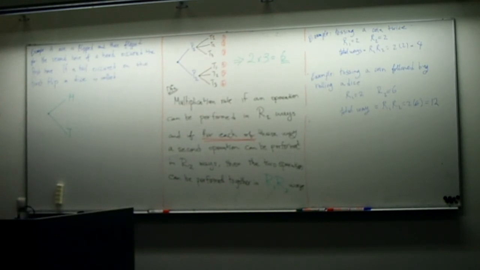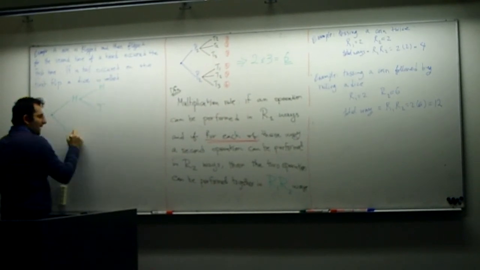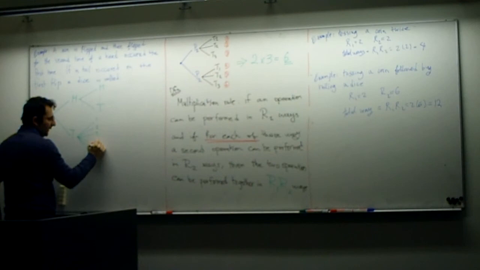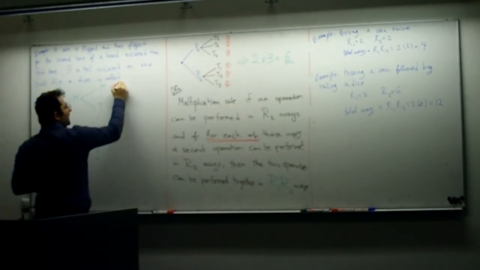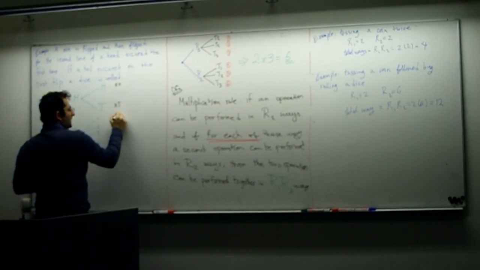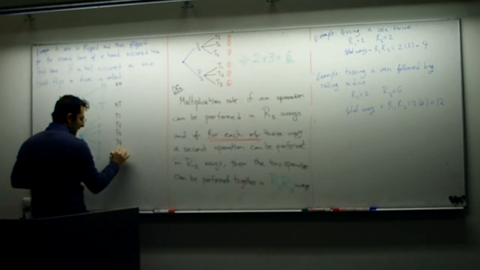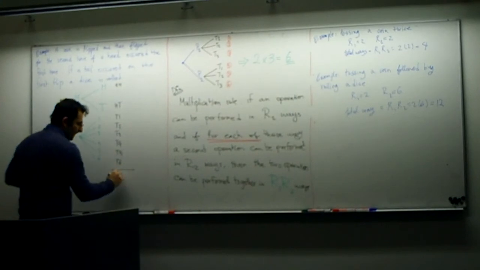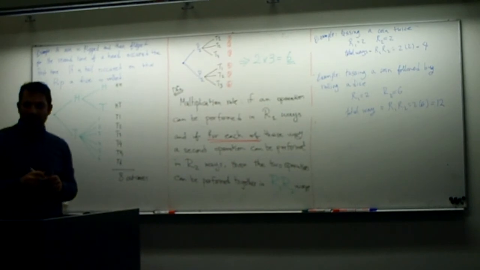If it is head, we toss a coin again, so we get head or tail. If it is tail, we are rolling a die. And it is 1, 2, 3, 4, 5, 6. So what are the outcomes? The outcomes are HH, HT, T1, T2, T3, T4, T5, T6. And how many outcomes do we have? 8 possible outcomes.